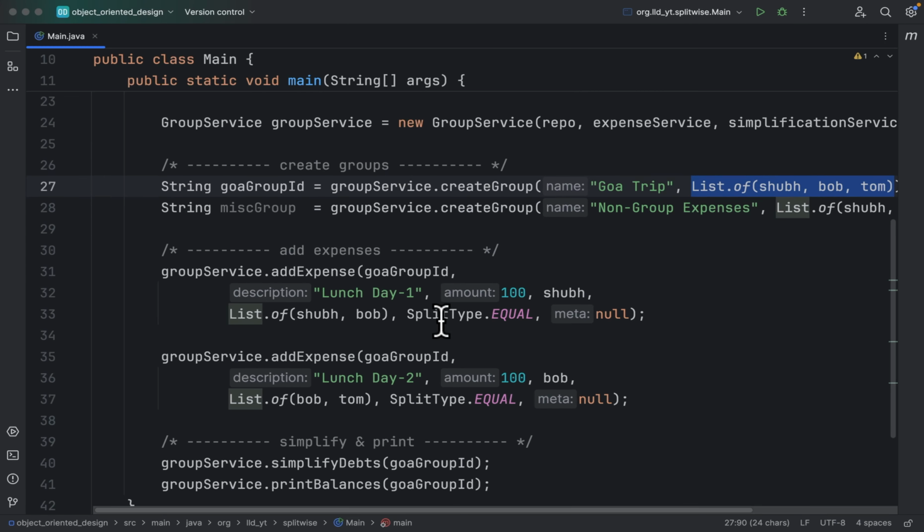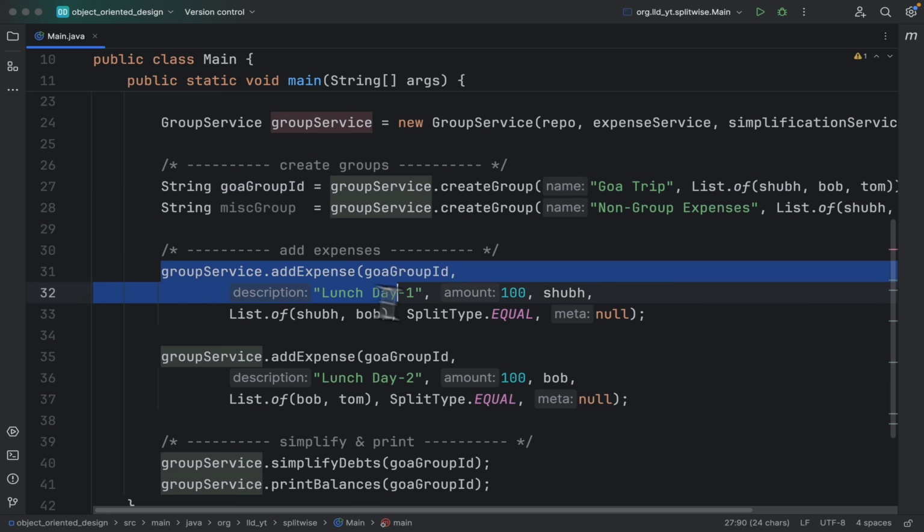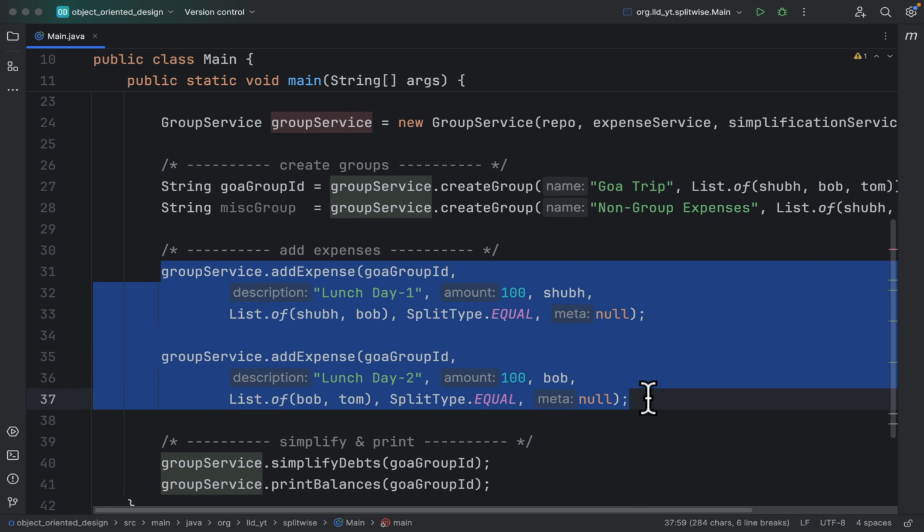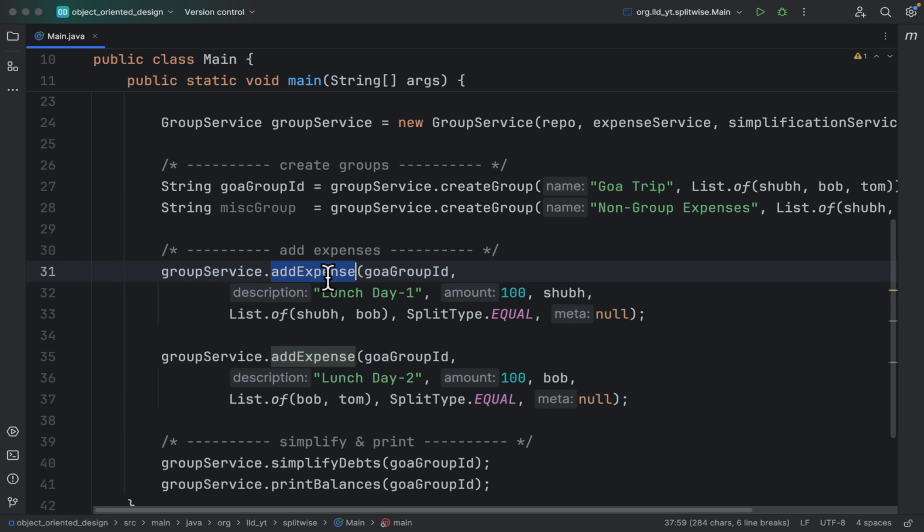Okay. Now I have created a couple of expenses in this group. The first one is lunch day one, and the bill amount was $100, and Shub was the one who paid that bill. And the total number of participants are these, and they have decided to split the bill equally.